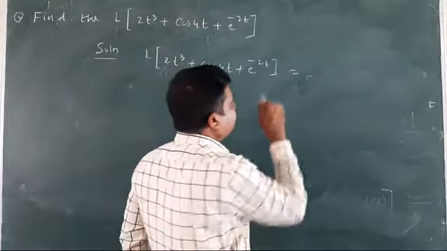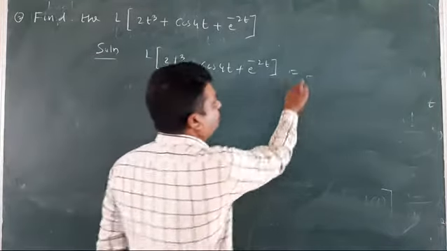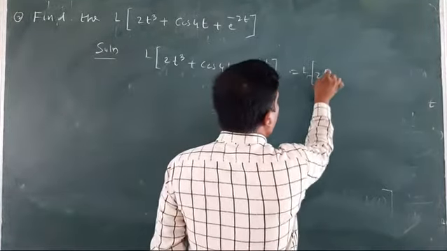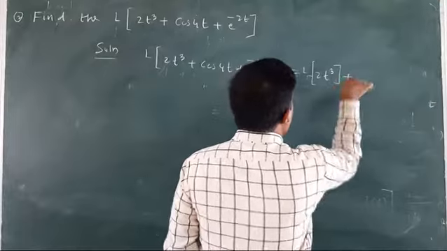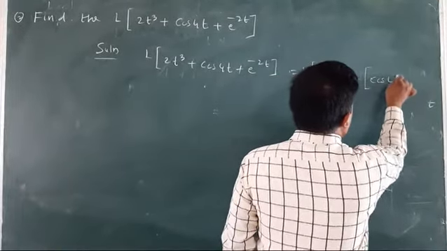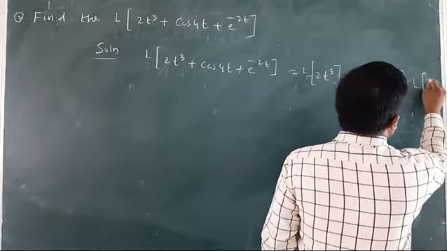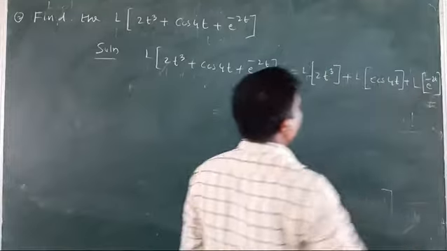So this implies, again I will apply the linear property. So L of 2 into t cube plus L of cos 4t plus L of e to the power of minus 2 into t.